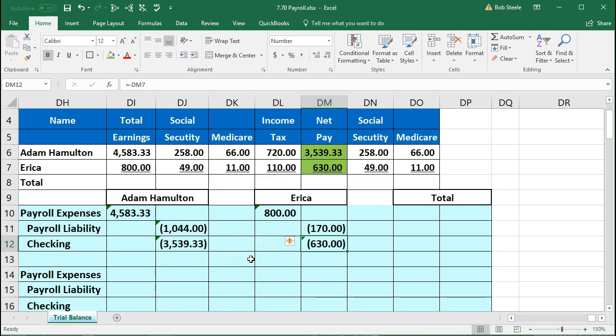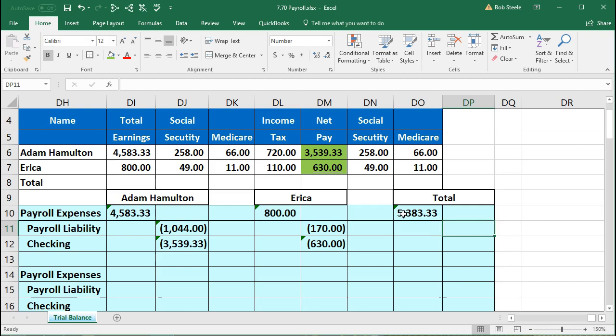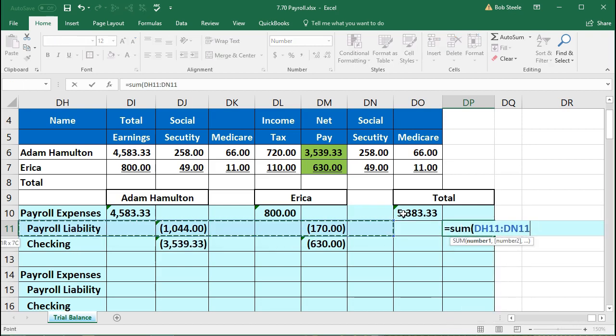Now we could put this all into place with one journal entry and just add those two up. So if we add up the debits and credits, then we could just enter this information as one large journal entry for these two employees.